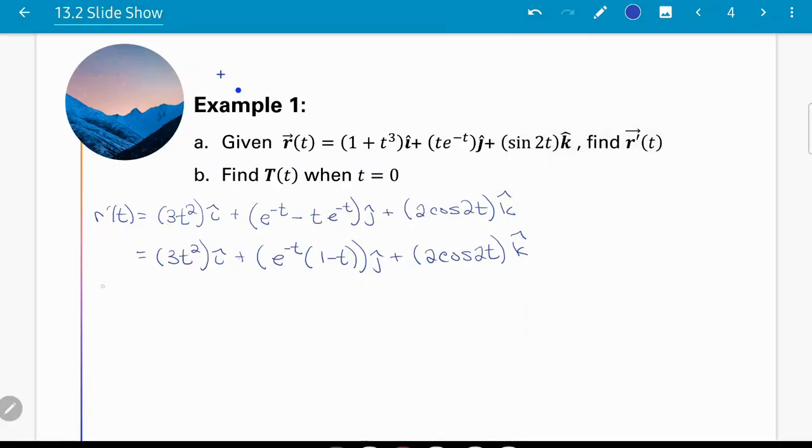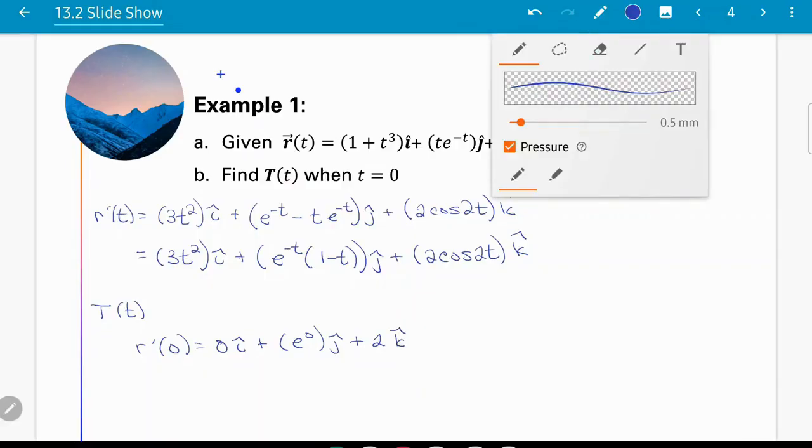Okay, so now that we have r prime of t, we want to find r prime of t when t equals 0. So r prime of 0 is going to be 0 i hat plus e to the 0 times 1 minus 0, so that's e to the 0 j hat plus 2 cosine 2t, so cosine of 0 is 1, so that becomes 2 k hat.